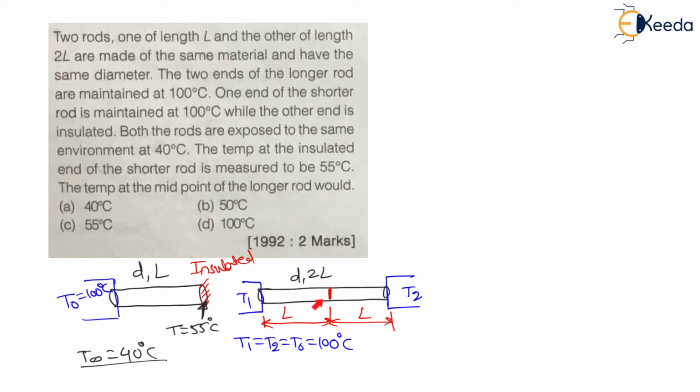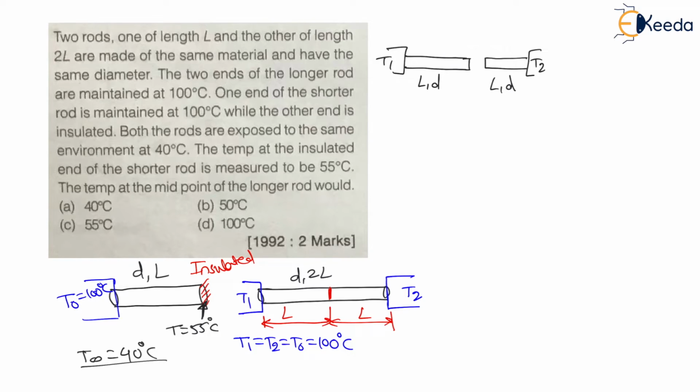And my dear students, if I cut this rod into two separate rods, because such types of problems we have solved by considering them as two fins, one fin from T1 to this end and another fin from T2 to this end. Now it is exactly at the center, therefore can I say here it is T1 and length L and diameter D, and another is T2, again length L and diameter D?